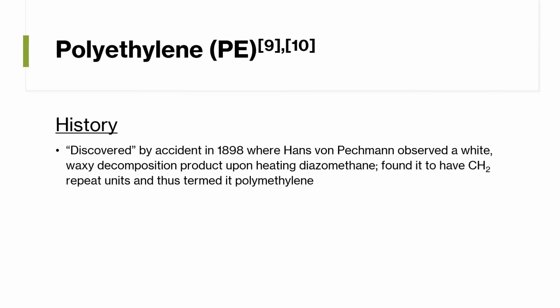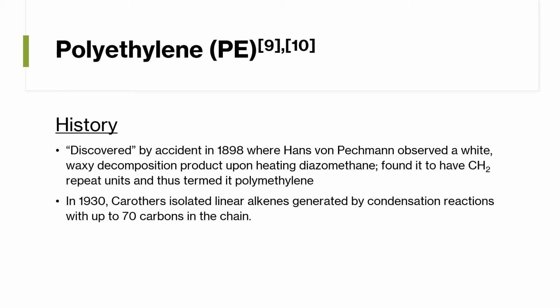Polyethylene was discovered by accident in 1898, when Hans von Pechmann observed a white waxy decomposition product upon heating diazomethane, which was analysed by his colleagues who found that it contained CH2 repeat units, and thus termed the material polymethylene. They did not investigate any further into this polymerization reaction, and it wasn't until 1930 that Carruthers, who at the time was interested in the stability of linear alkanes, isolated linear alkanes generated by condensation reactions with up to 70 carbons in the chain.